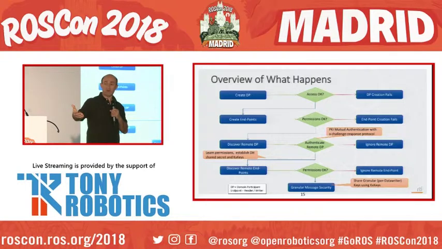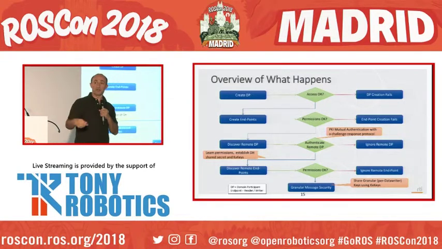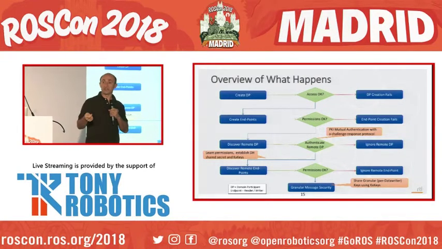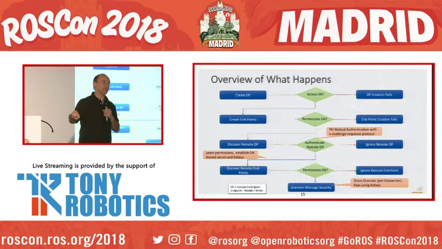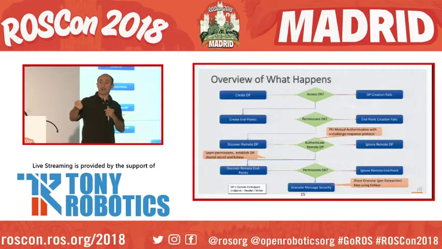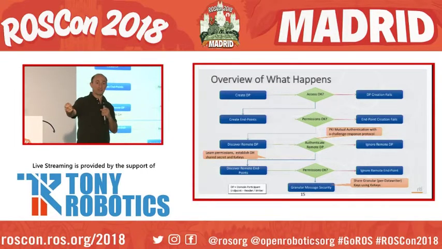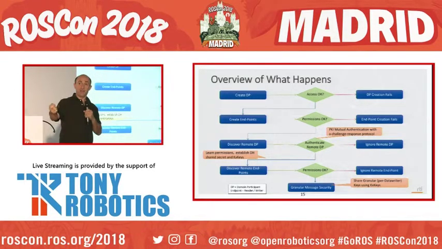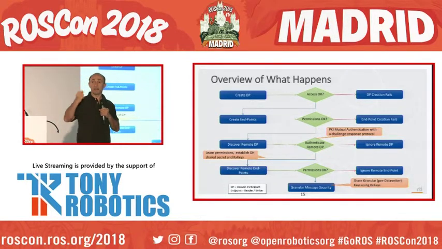As part of this process, we also establish a shared secret that we can use to exchange secret information, and we use that secret channel to exchange key material. Because the next thing that happens is I will discover some readers and some writers, something that it's publishing and subscribing. If it's subscribing to something I'm publishing, and it shows me a permissions document that says it can subscribe to that, then I will send the key material I have for that particular topic.